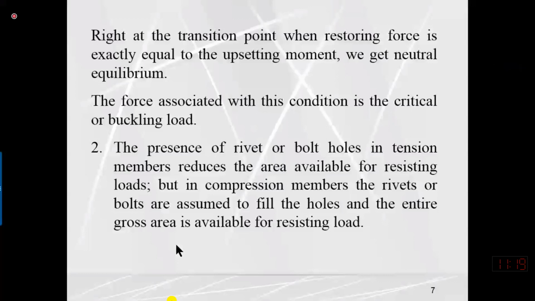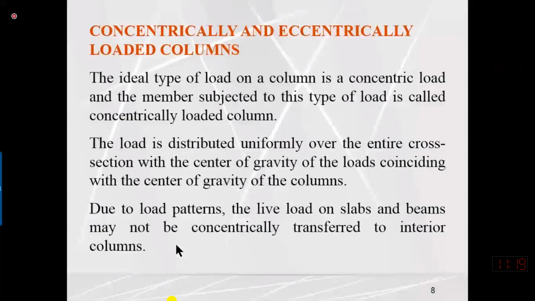So if our column, an axially loaded compressive member, is having some imperfection, then these imperfections may reduce the capacity also. These imperfections may be of two types: maybe due to the initial deflection and due to the eccentricity of load.